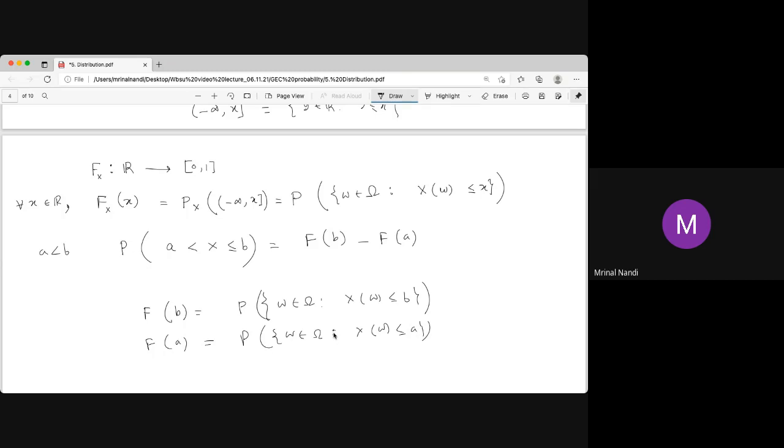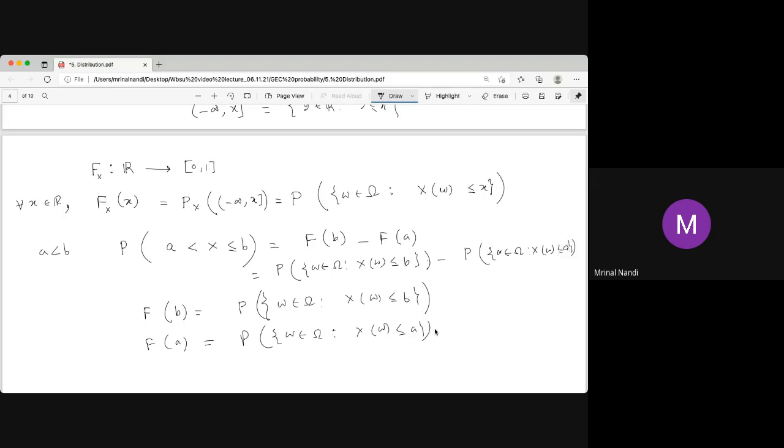Now, what is the difference between these? This is just the probability of the set where X of omega is less than or equal to b, minus the probability of the set where X of omega is less than or equal to a. Remember, a is less than b.